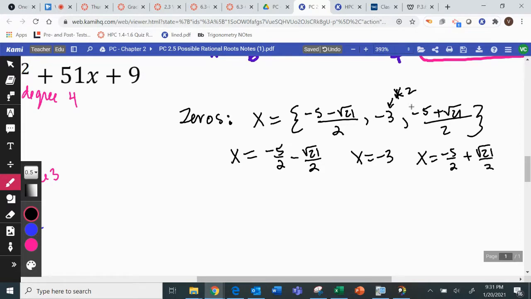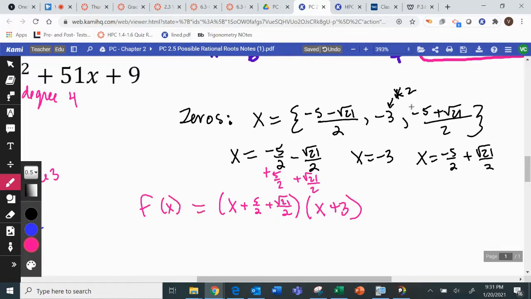To write these as factors, we're going to have to add 5 halves to both sides, add square root 21 over 2 to both sides. This factor here is going to be x, and then we're going to add the 3 plus 3.